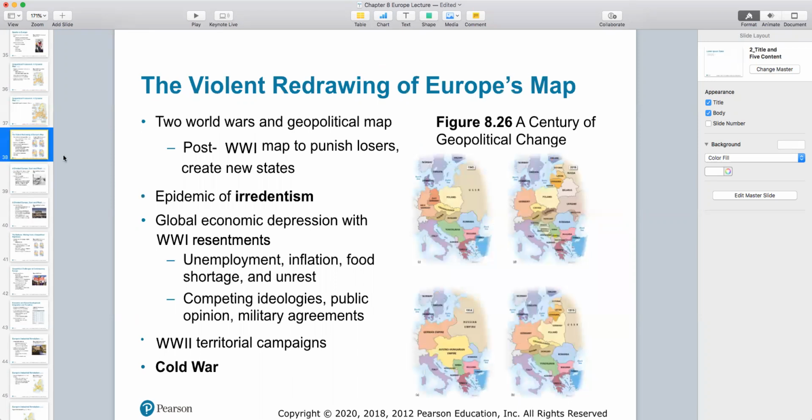We can take a look at the rapid redrawing of Europe's borders and its nation states' borders. Two world wars really shaped the geopolitical map of this region throughout the 20th century, and many new states were created during this time.